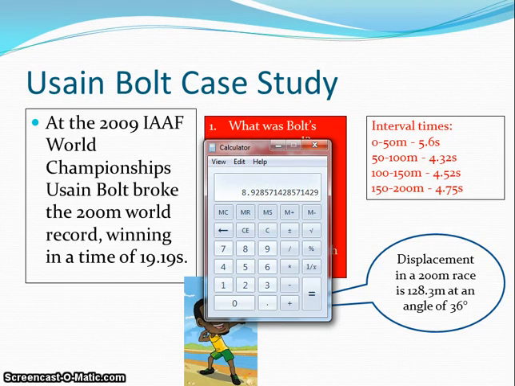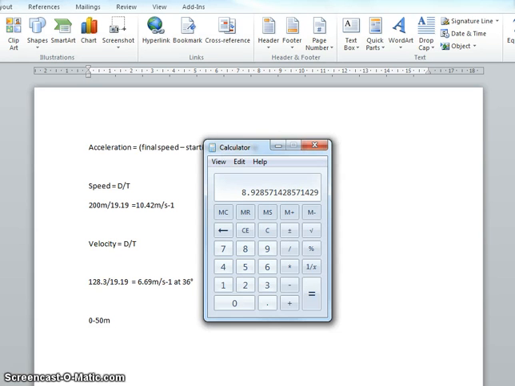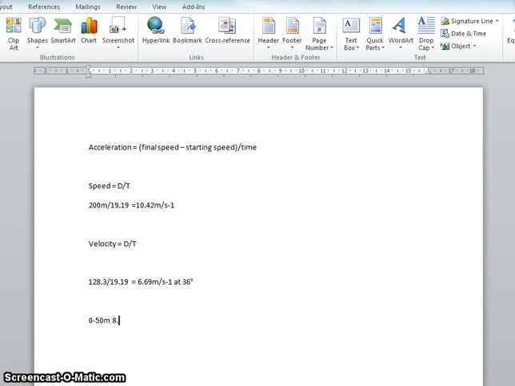Bolt's speed for the first interval, if I round it to 2 dp, was 8.93 meters per second to the minus 1. So we'll just write that here: 0 to 50 meters, and it was 8.93 meters a second to the minus 1.